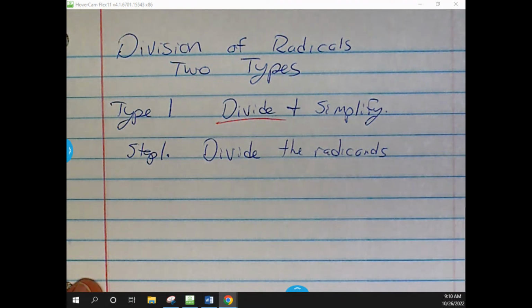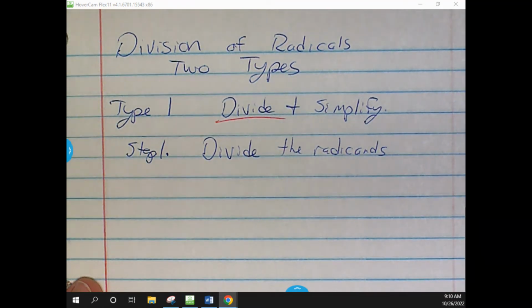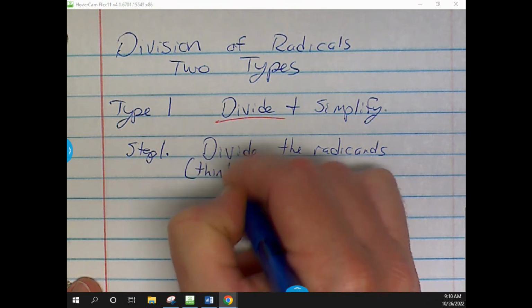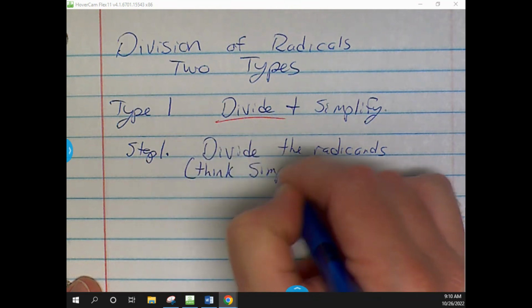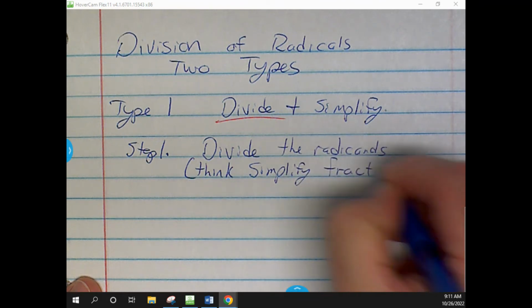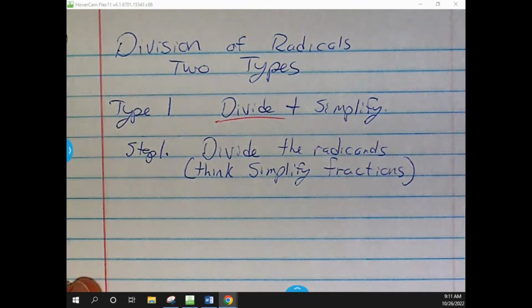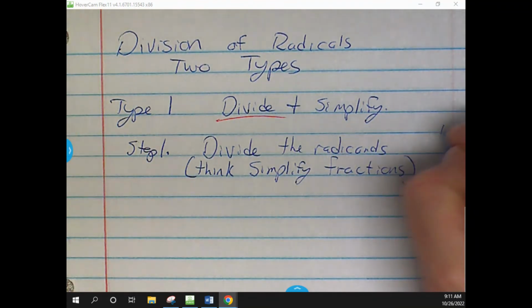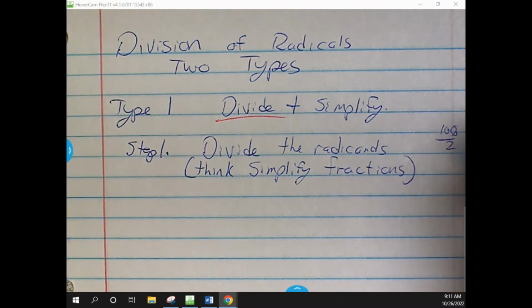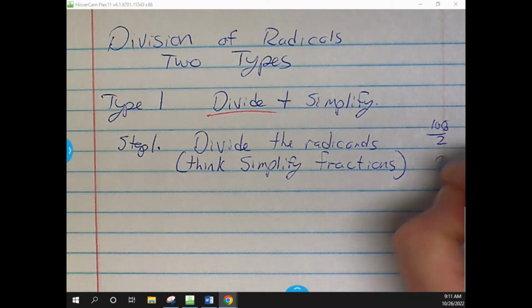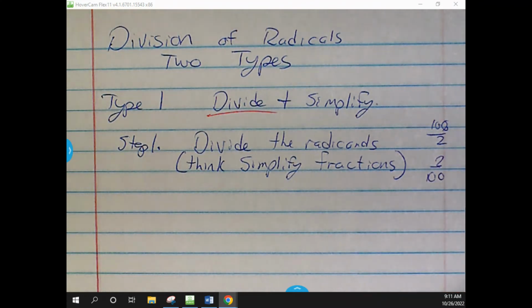Now, sometimes you can do division, but sometimes on these you might have to think fractions. If you've got a fraction, if it was 100 over 2, and that was your fraction, you could just divide 2 into 100, right? You'd have your number, you would be good to go. If you flip-flop that one, if you had 2 over 100, you're not dividing it, you're just dividing them.